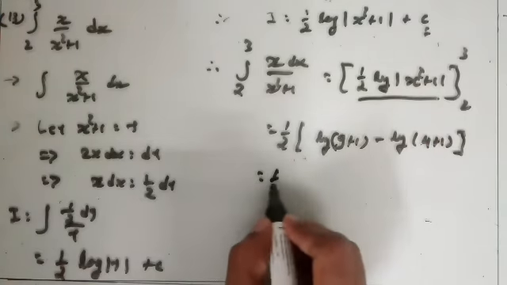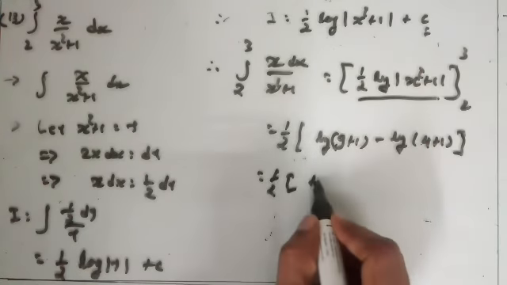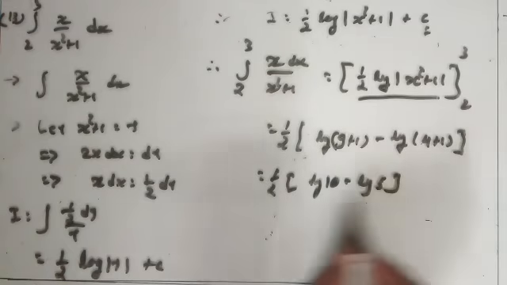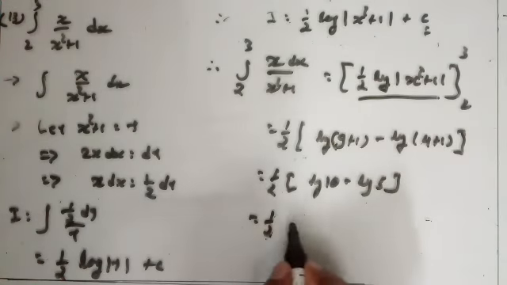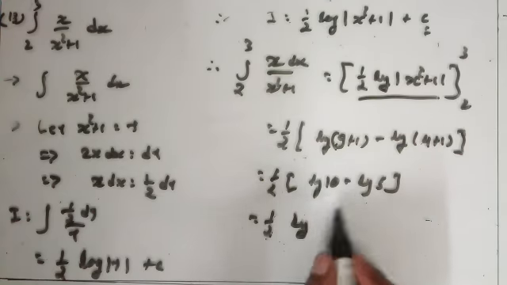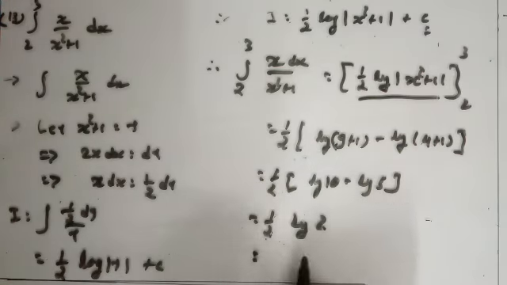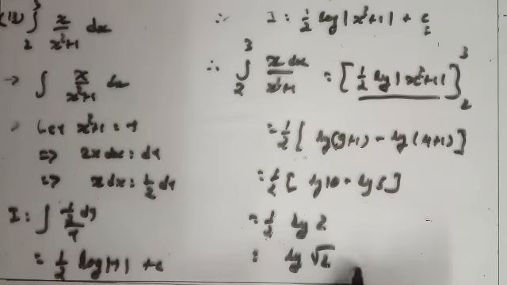So it is equal to 1 by 2, here it becomes log 10 minus log 5. So it is equal to 1 by 2 log 10 upon 5, that is 2. Clear? So in reduced form, log 2 to the power 1 by 2 written in power form becomes root 2. Clear? Answer.